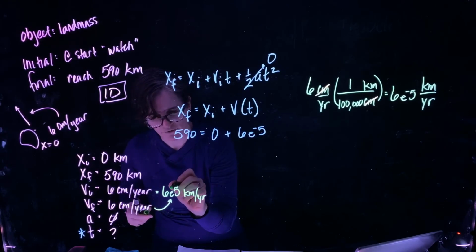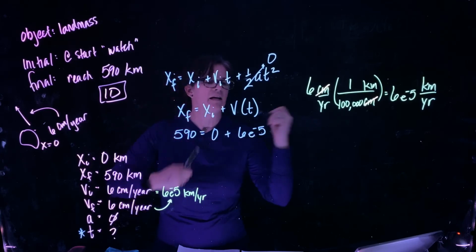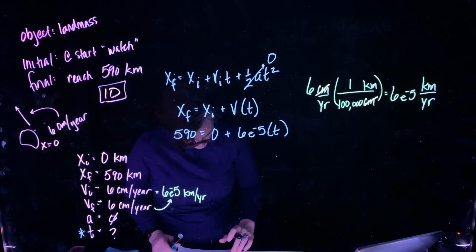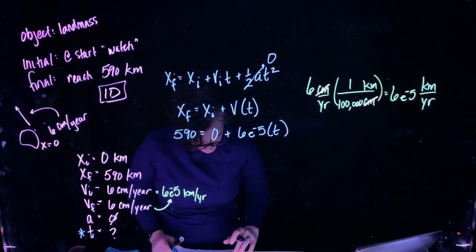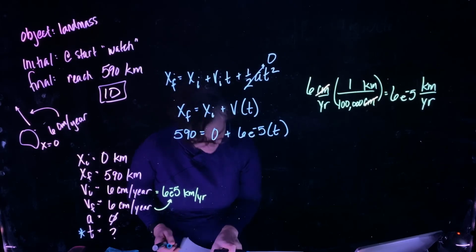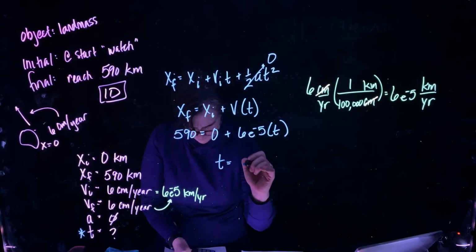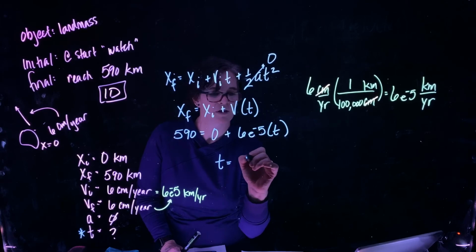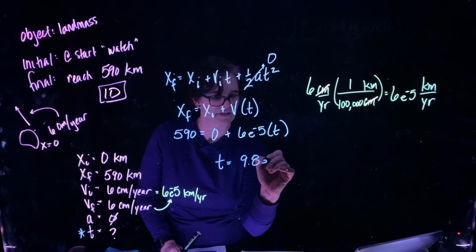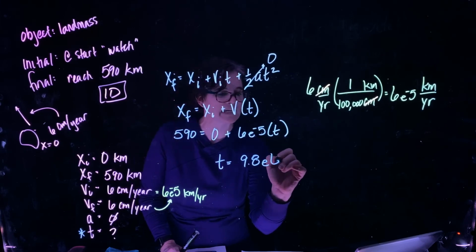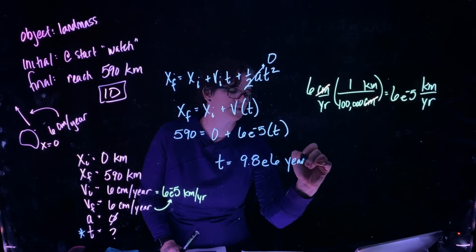That should have a negative 5, times our time. So I divide 590 by 6 times 10 to the negative 5th, and I'm left with time is equal to 9.8 times 10 to the 6th years.